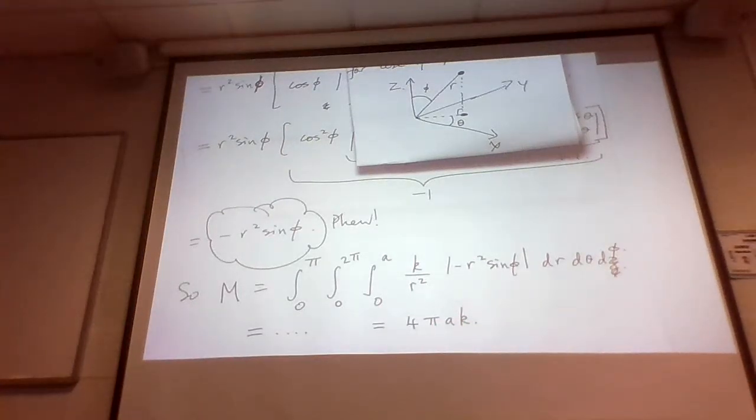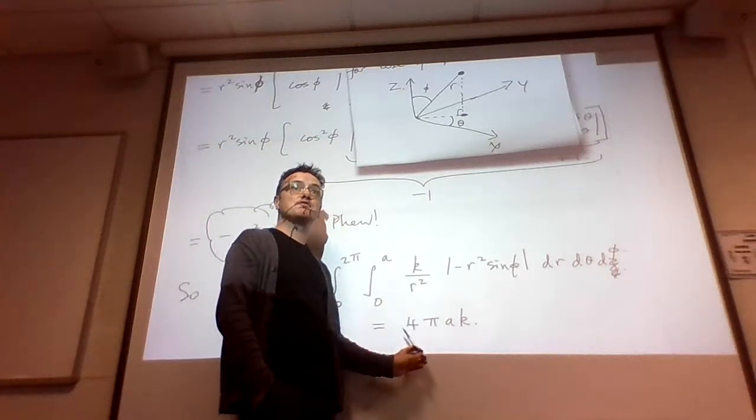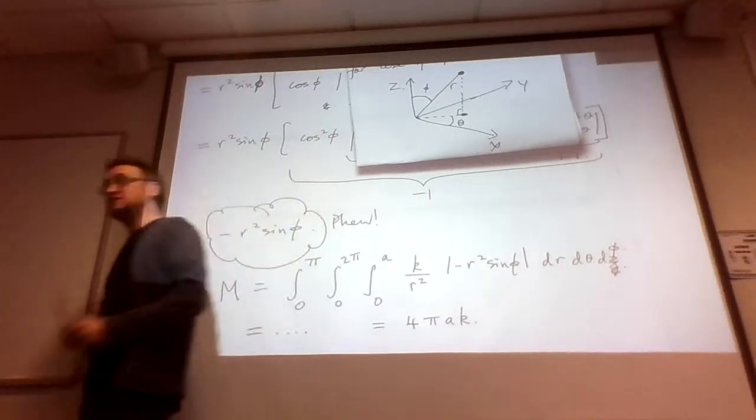So although the thing does have unbounded density as you get towards the center, as the inverse of the square of the radius is approaching infinity as you get to the center of the sphere, nevertheless the thing does have a finite mass of 4 pi a times k.